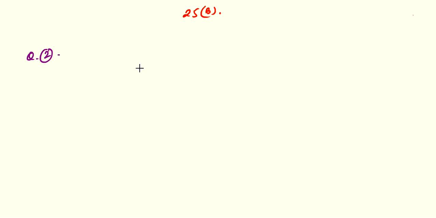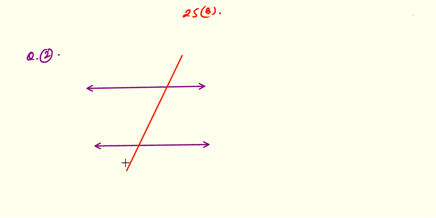So the first question is, this angle is 140 degree, then this one is angle A, this one is angle B. Now angle A and B, these are unknowns that we have to find.